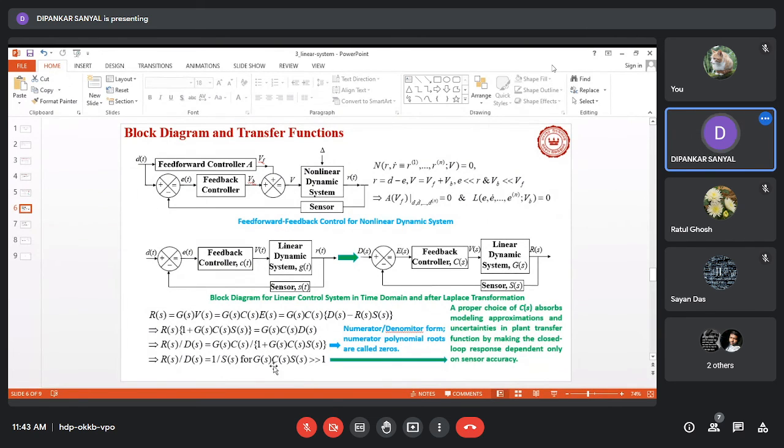But if we choose the controller in a form that allows us to put this simplification, then under that simplification, the role of the uncertainties gets completely filtered off by the sensor accuracy. The sensor accuracy provides good matching between the demand and the response, because we do not have any influence of this GS here.